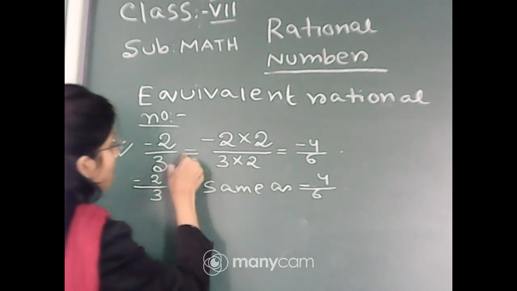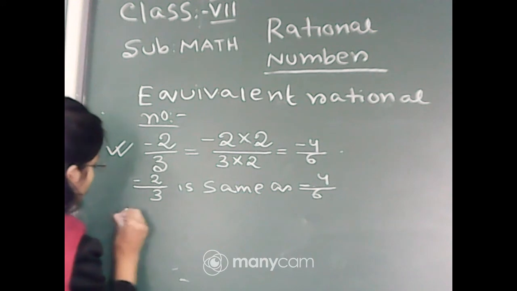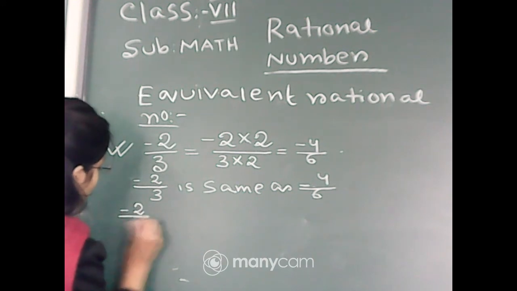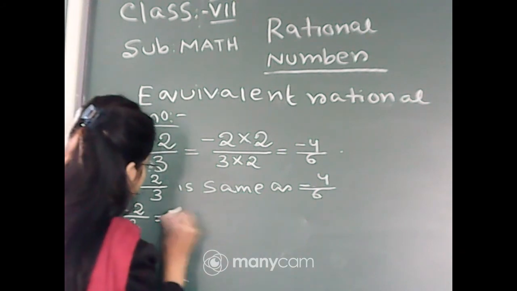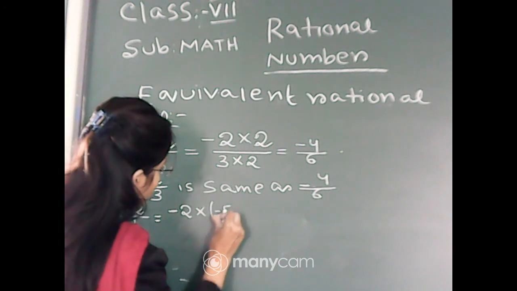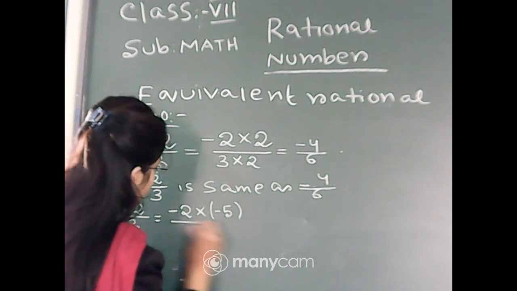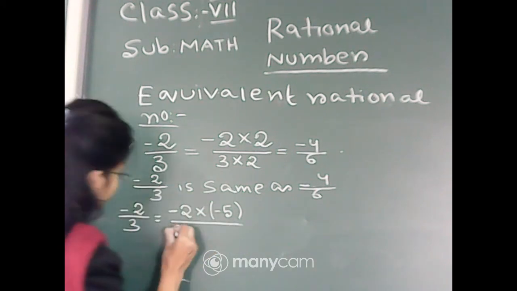Since these are equal, again minus 2 divided by 3 is equal to, now we multiply both the numerator and the denominator by the negative integer minus 5.